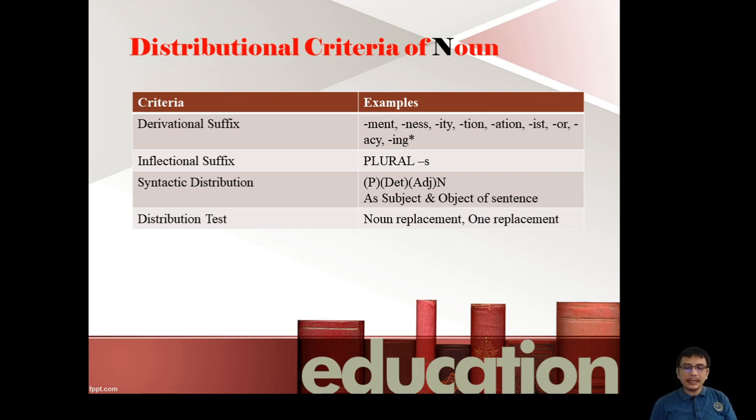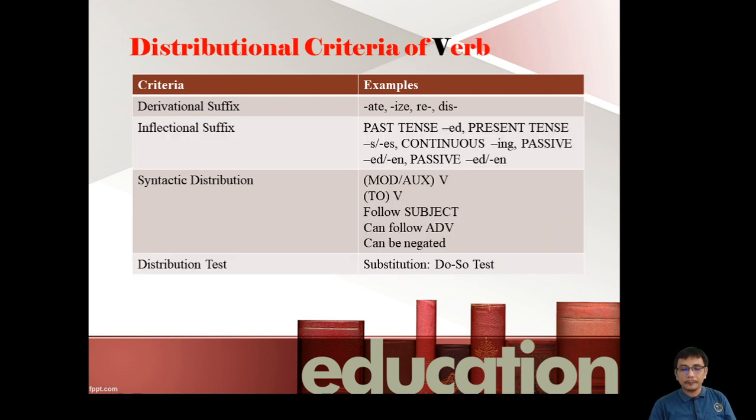In terms of syntactic distribution, a noun can be preceded by either a preposition or determiner or adjective or a combination of those categories. Then I'm going to talk about distribution tests in the next video about consistency, but we can determine a noun using several distribution tests, for example, noun replacement and one replacement.